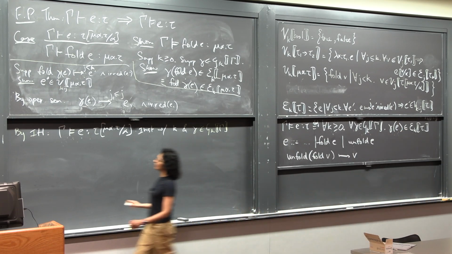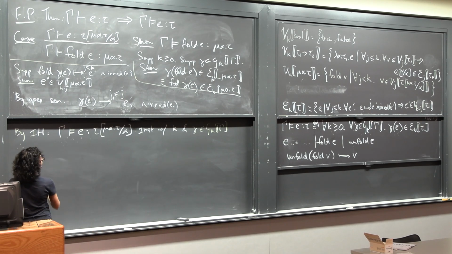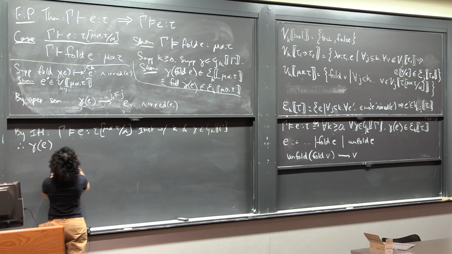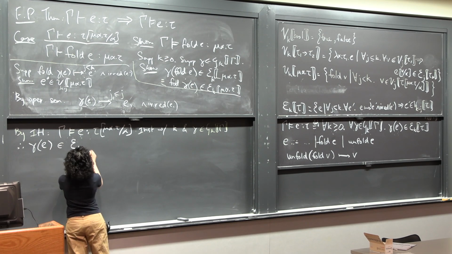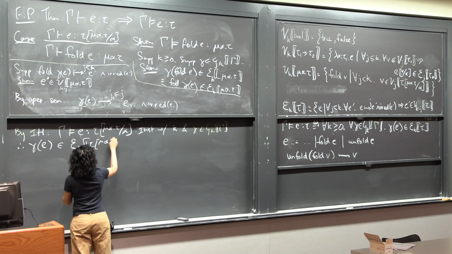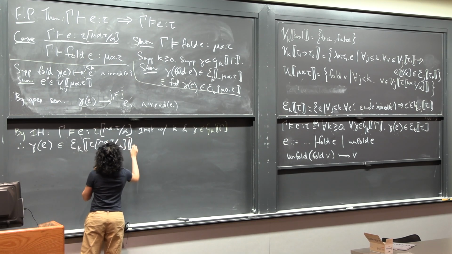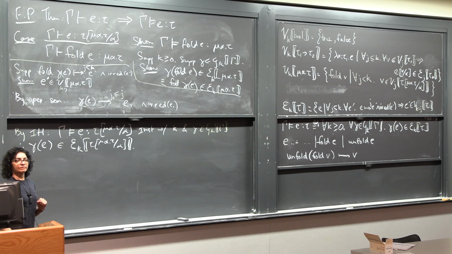After instantiating, we get that gamma applied to this E belongs to the E relation for K steps at this big type, tau with mu alpha tau for alpha. We have that now. Good?